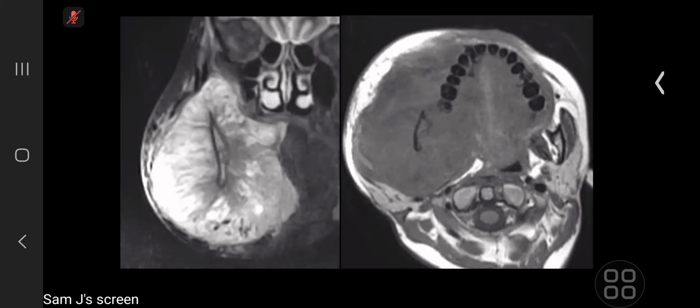It's showing quite avid enhancement of the lesion, which suggests an aggressive process. I don't see any evidence on these slices of associated lymphadenopathy. And there's possibly a breach of the cortex of the medial aspect of the mandibular ramus, so the lesion may be arising from there.